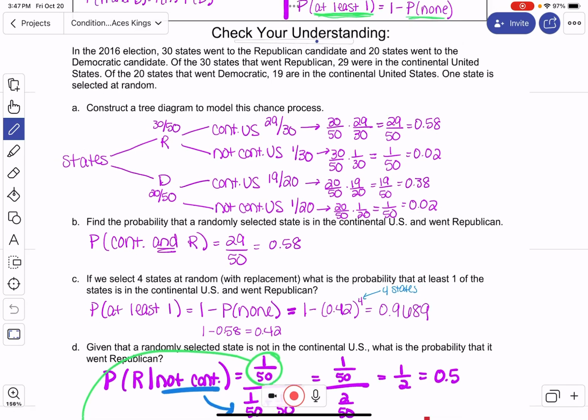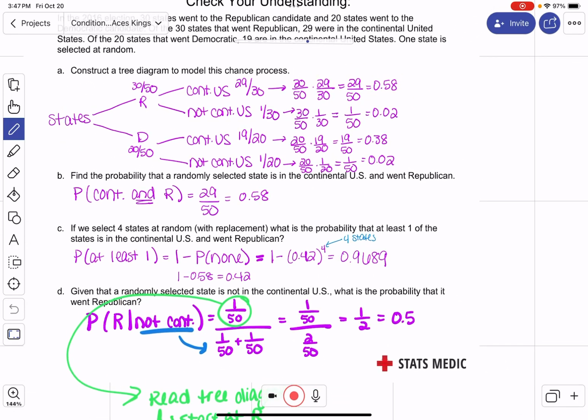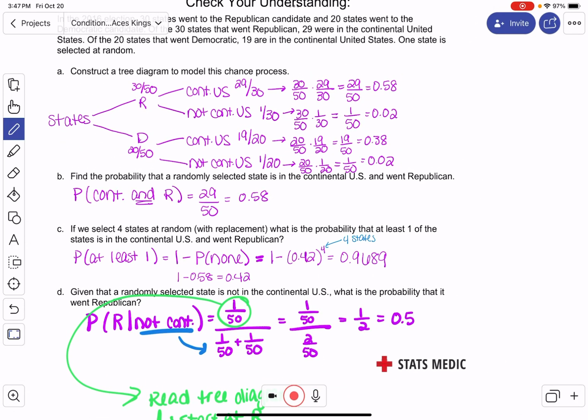So here are the answers to the Check Your Understanding. So for your states, 30 out of 50 were Republican, 20 out of 50 were Democrat. And so notice that 30 and 20, they add up to 50. So then from there, you did continental U.S. and not in the continental U.S. So 29 out of 30 were in the continental U.S., 1 out of 30 was not. And then so to get each individual probability, we multiply those numbers.